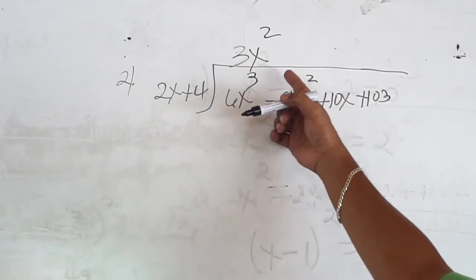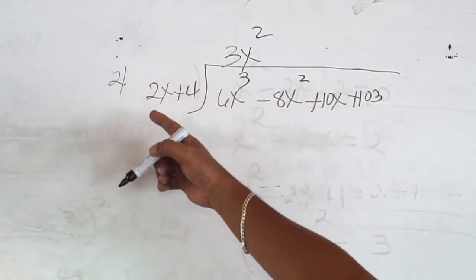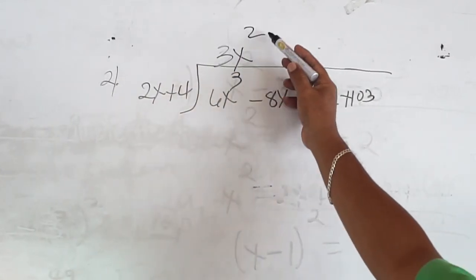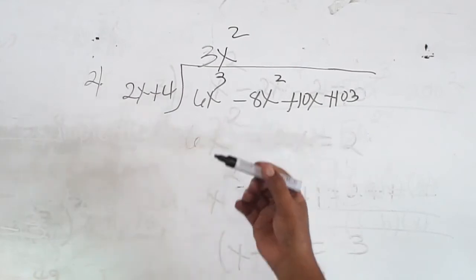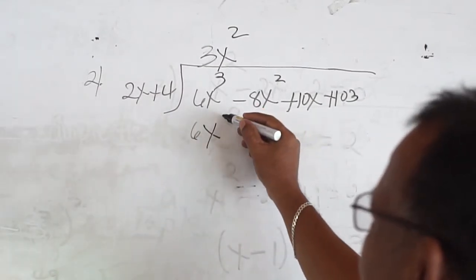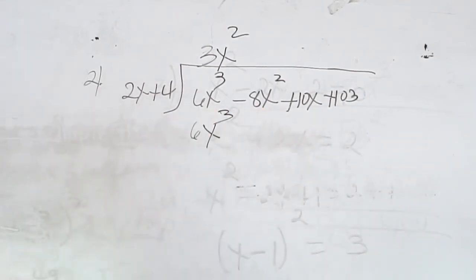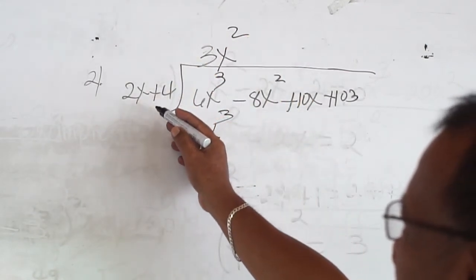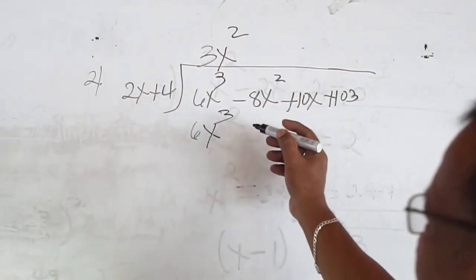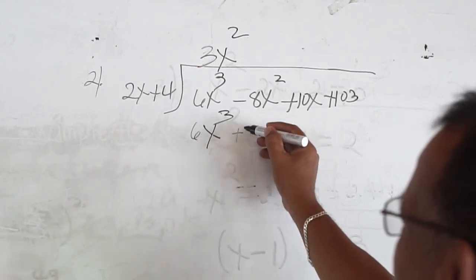Then multiply the quotient to the entire divisor. So 3x squared times 2x, so the product is 6x cubed.